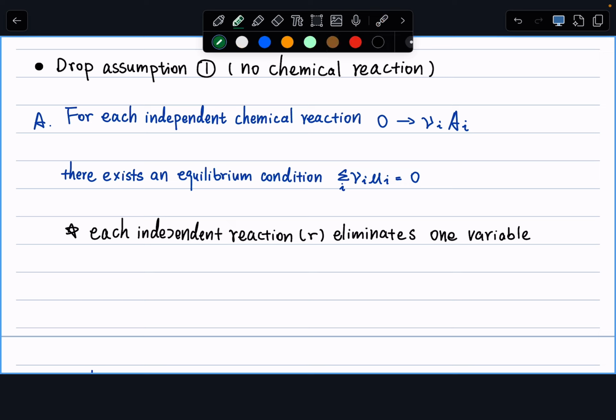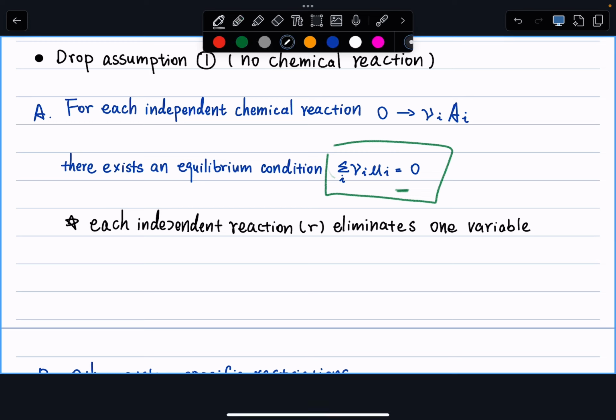Because of this relationship, it gives us a way to link the intensive properties of each component, the chemical potential of each component in a chemical reaction, based on the reaction equilibrium. So for each independent reaction, which we call R, we will eliminate one variable. The reason we're eliminating one variable is because of the relationship of the chemical potential in these reactions.